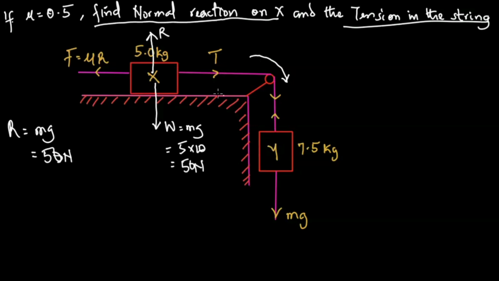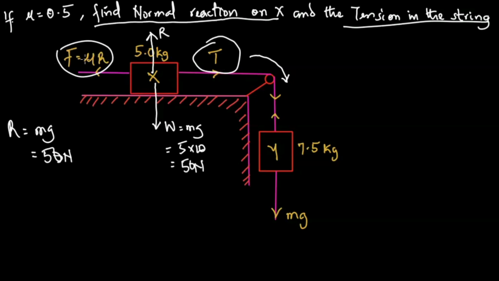Now to calculate the tension in the string, we know that this body is being pulled in this direction, and so the tension will be greater than the force in this direction. Let me explain something. When this body is being pulled in this direction, the frictional force comes in to limit the movement of this block, to oppose the motion caused by the tension in the string.